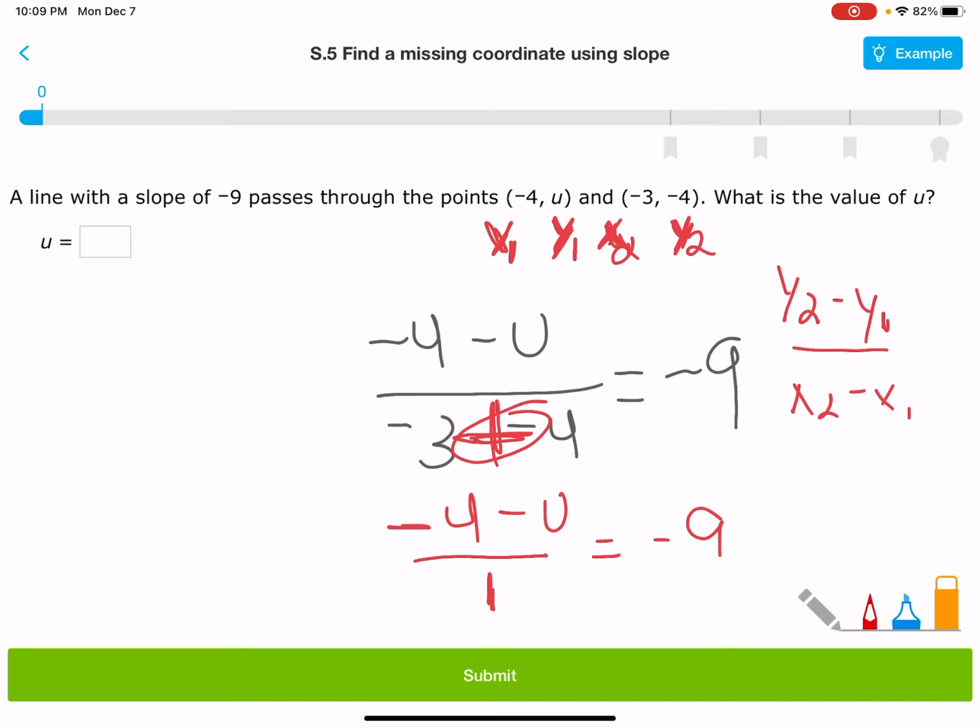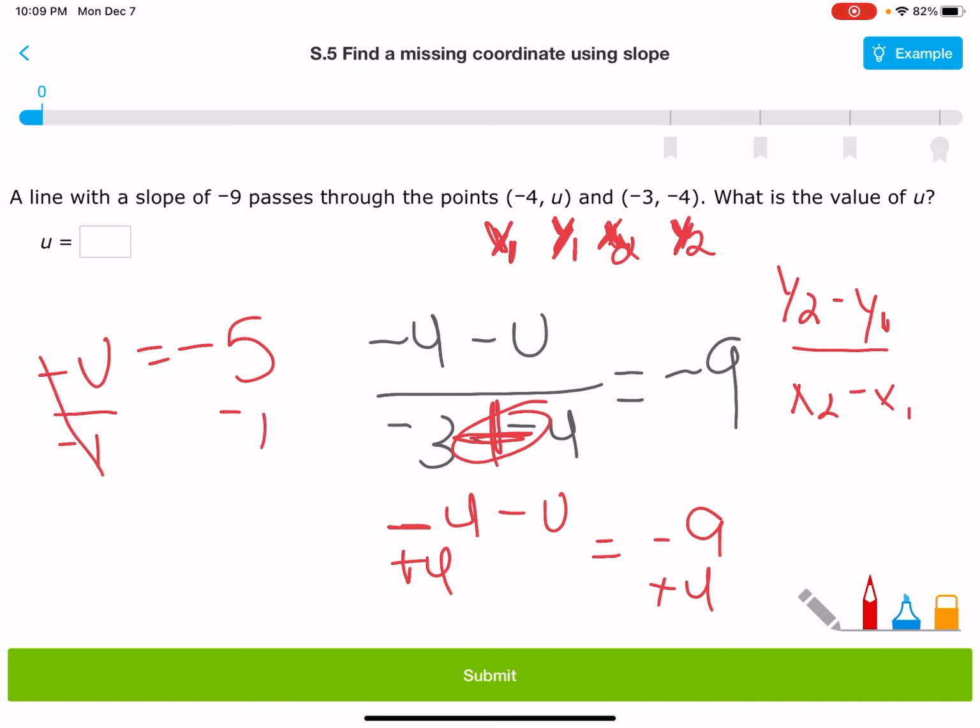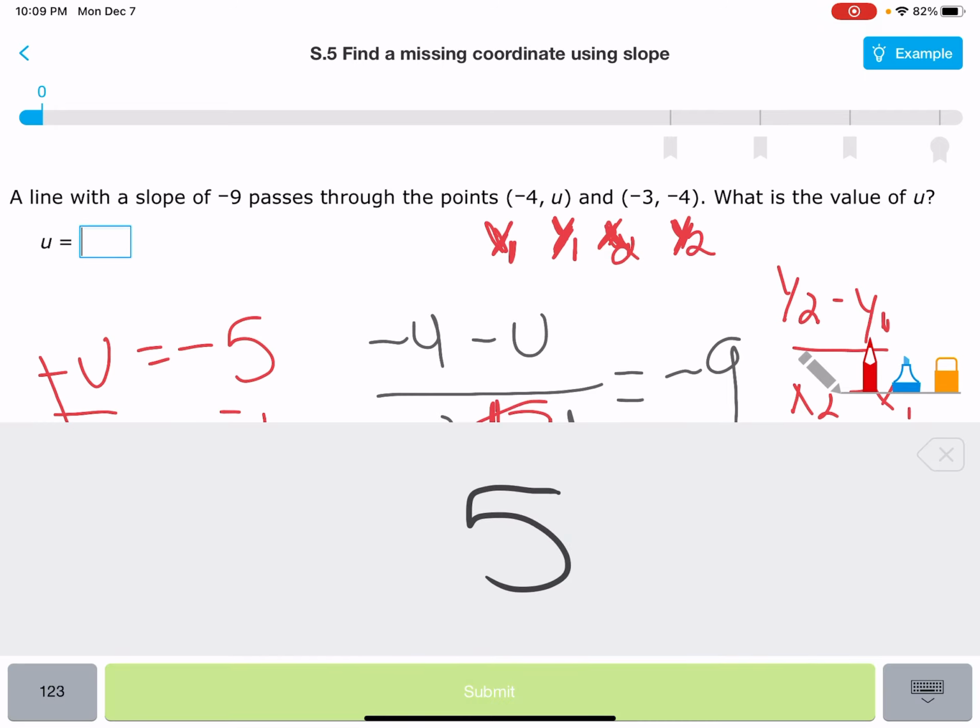Remember, anything over 1 is just itself, so I don't actually need that. Now we're going to add 4 on both sides. When we add 4 on both sides, we get negative u equals negative 5. Divide by negative 1 on both sides, which gets rid of the negative, and we are left with u equals 5.